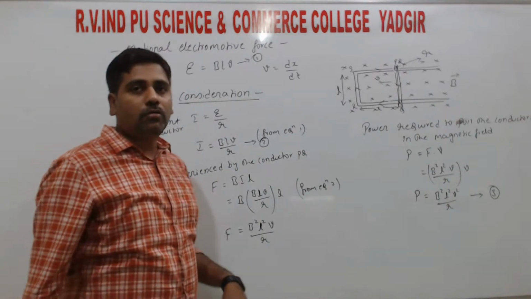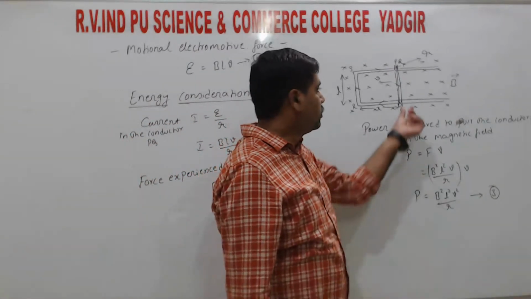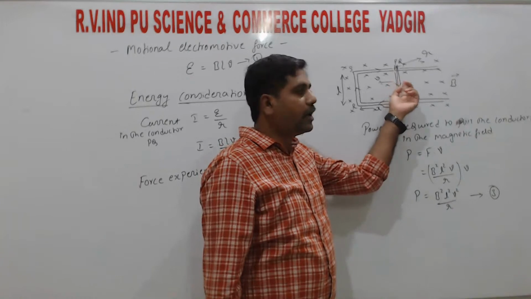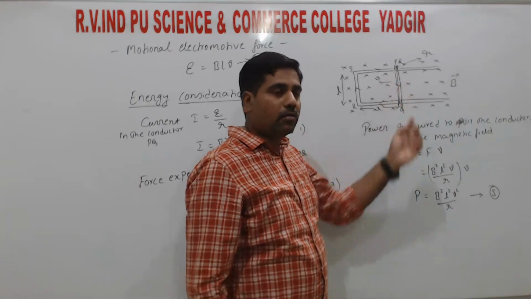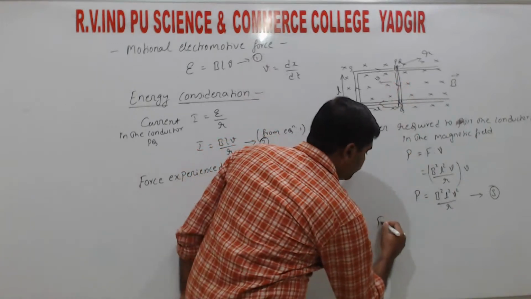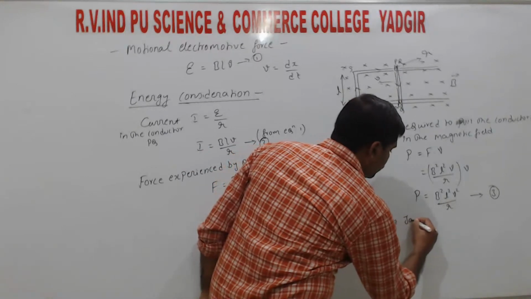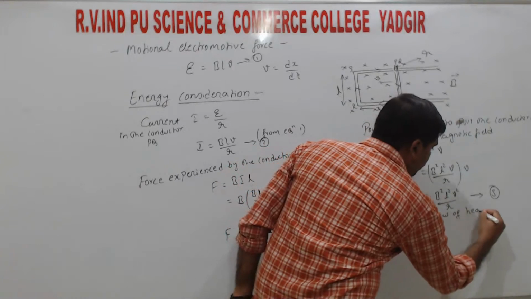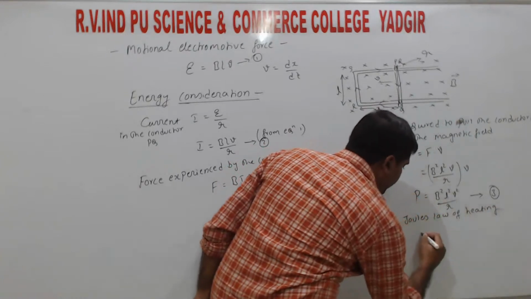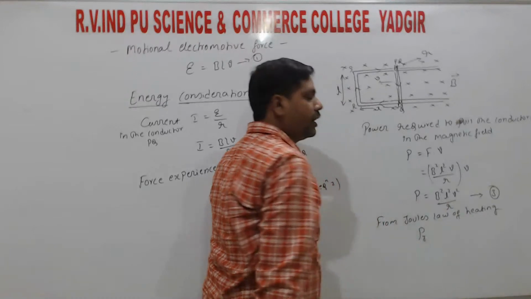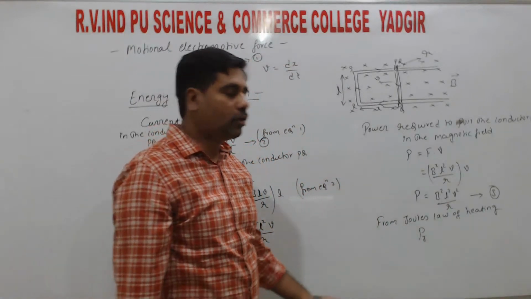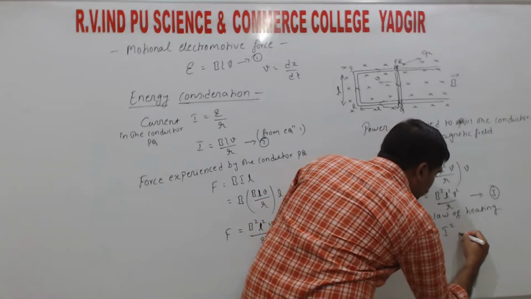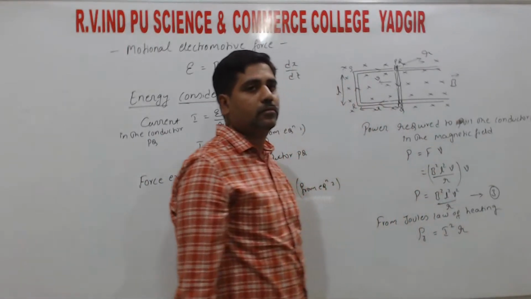So from Joule's law of heating, right? Current is flowing in the conductor, so what happens to the conductor? It keeps getting heated, right? So from Joule's law of heating, we take power in terms of joules, that is equals to I square R, right?